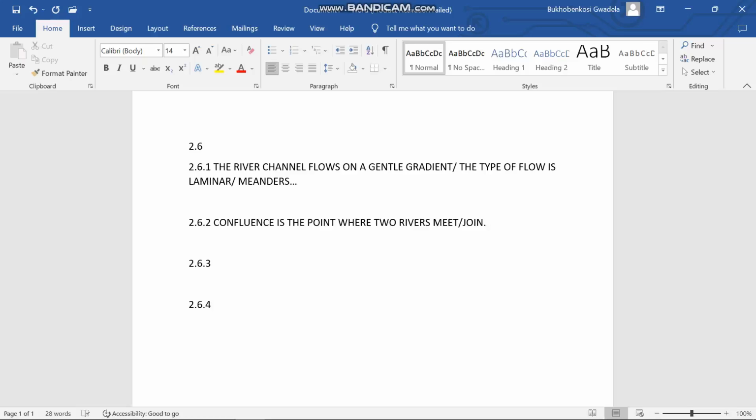This is whereby two water bodies meet, the other one is from a tributary, because basically a tributary joins into a main river. So those water bodies on the tributary, when they join, meet the other water bodies that are already flowing on the main river.